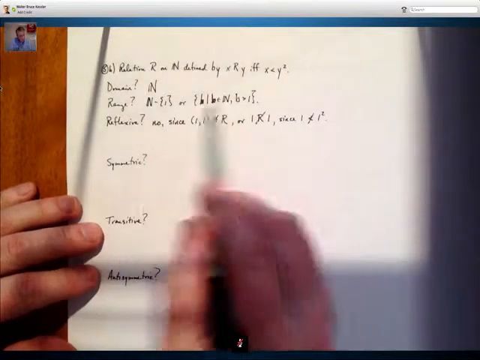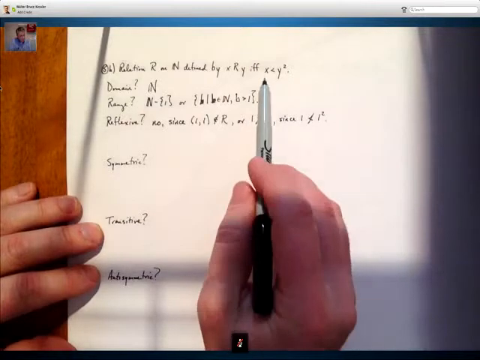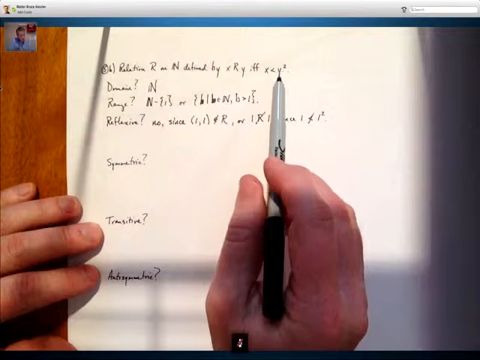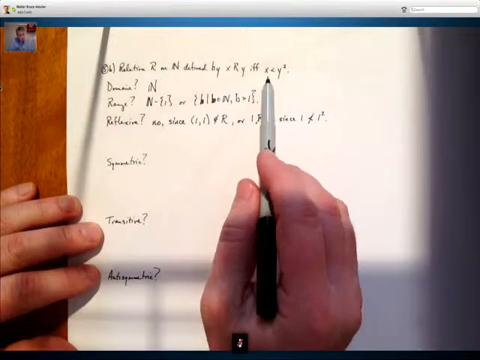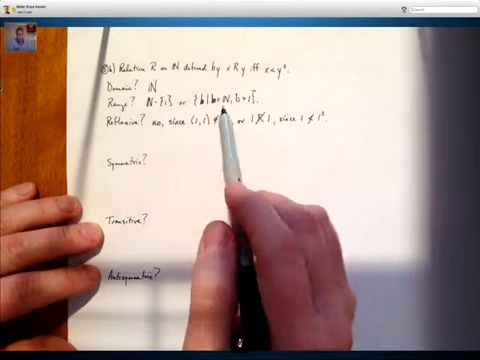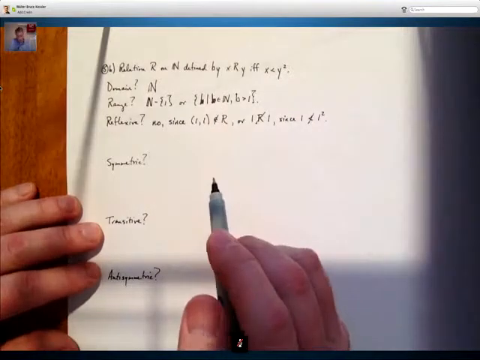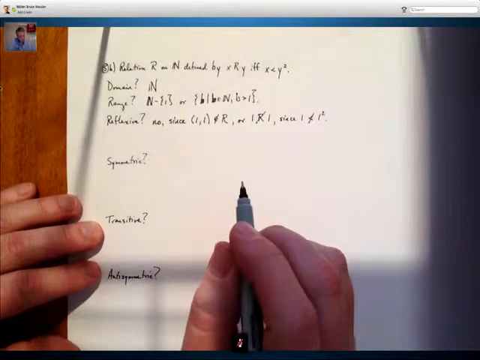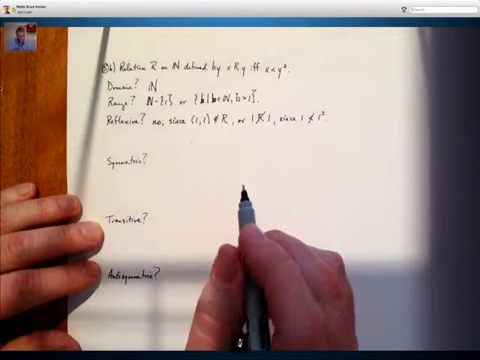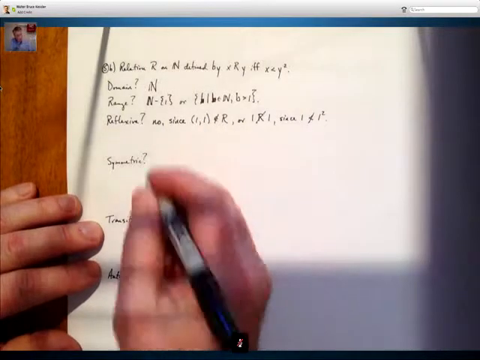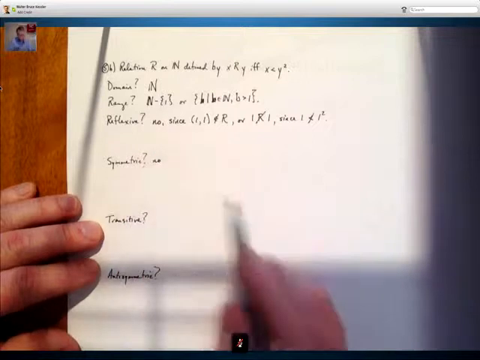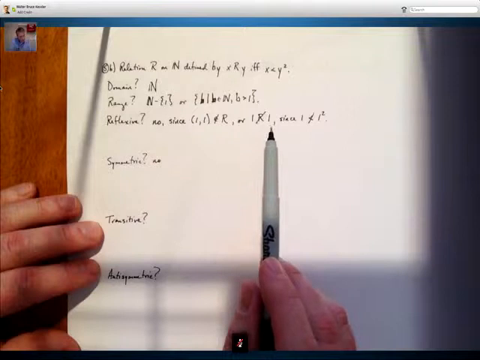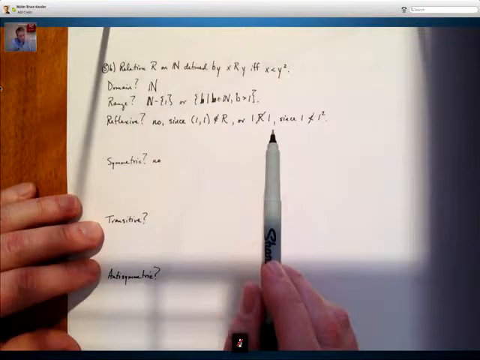Symmetric. If x is less than y squared, is y then going to be less than x squared? And I don't think that's going to be true either. Let's see. Well, no. Now let's think of a good one here. 1 was less than 2 squared.